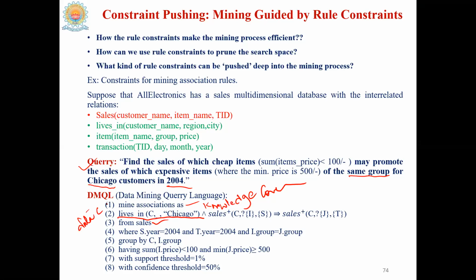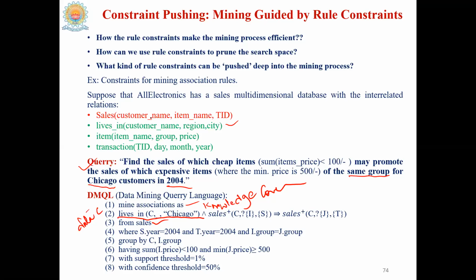Similarly, next one is the dimensionality or level constraint. If you consider the tables directly, coming to the lives in table, which dimensions do we particularly require for this query? Anyone from the student side?